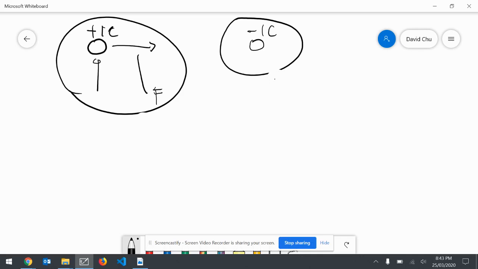So we're looking at not just working out the force between charges anymore. We're looking at what kind of potential they have to do work.